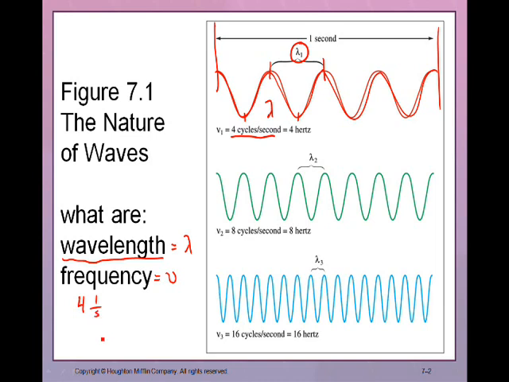That's cycles per second, or 4 seconds to the -1, or 4 hertz. And hertz, H-E-R-T-Z, is abbreviated Hz. So you may find this unit in things like megahertz or kilohertz or some other SI unit. And so you've just got to be careful with your units with these.